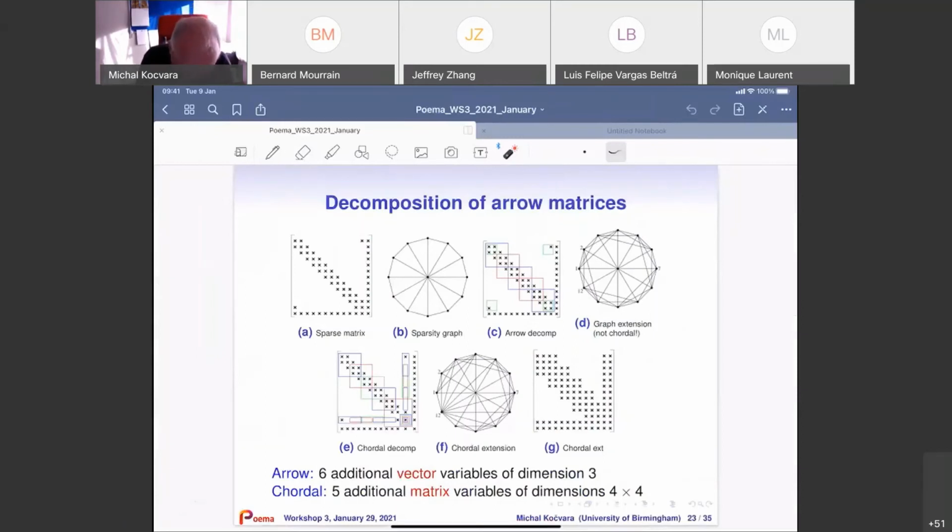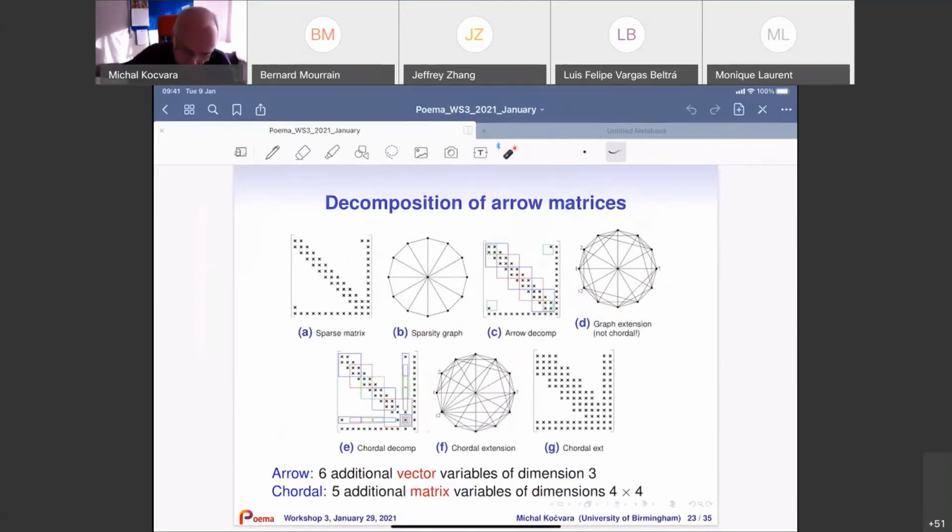Now, looking back at my example with this wheel sparsity graph, using the chordal decomposition, we had this chordal extension. Now, using the arrow decomposition, using that theorem for arrow type matrices, we had that extension of that graph, which is sparser than this one, and which actually is not chordal.